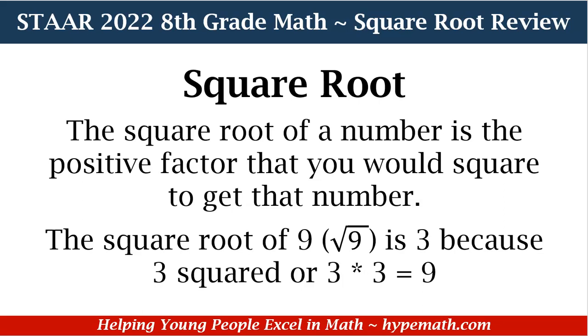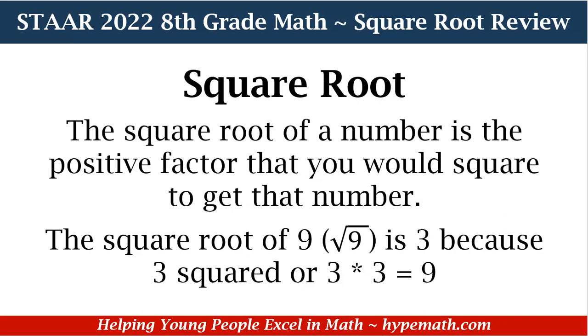The square root, for instance, of 9 is 3 because 3 squared, or 3 times 3, is equal to 9. So again, the square root of a number, so our number is 9, is the positive factor that you would square. So what number would you square? That means multiplying the number by itself to get that number.